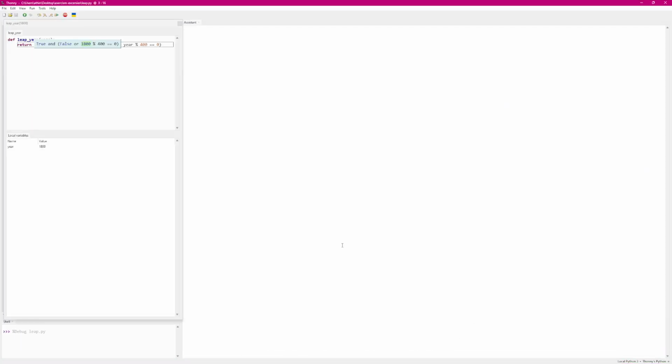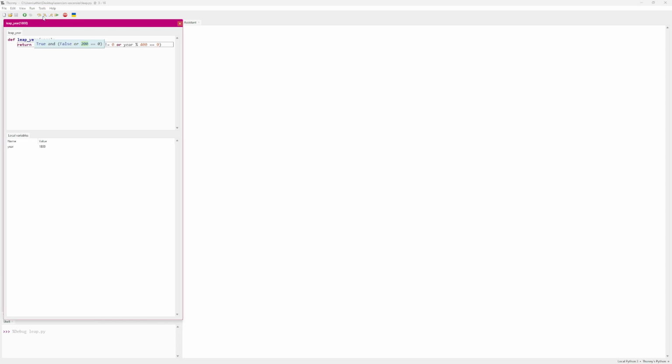Does not equal to 0. The remainder cannot be 0. Does not equal to 0 means it cannot be equal to 0. So that's a false because it's equal to 0. It's false because it's equal to 0, like I just said. Now, it's going to evaluate this, and it's going to give a remainder.